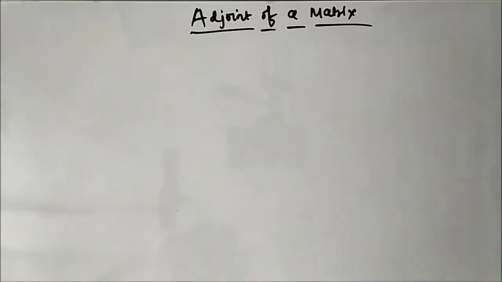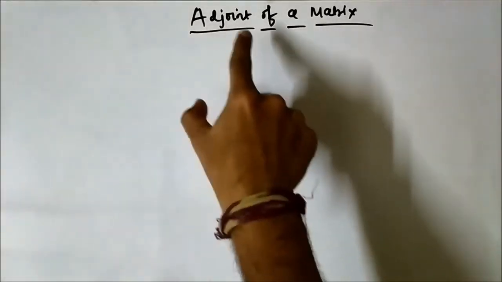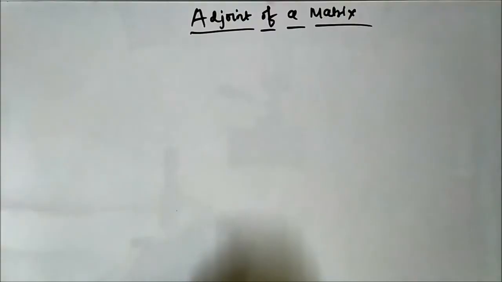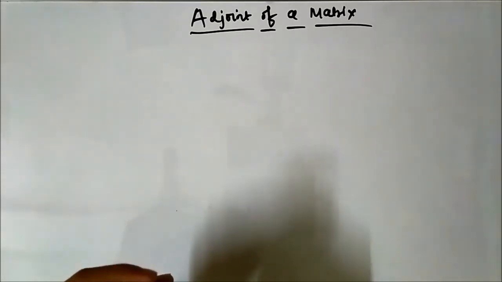So in today's video, we are going to discuss another concept which is related to minors and cofactors and is used to determine another parameter associated with the matrix, that is the adjoint of a matrix. As I said, it is related to the cofactors of a matrix. It is actually derived from the cofactors by making some modifications, some alterations.